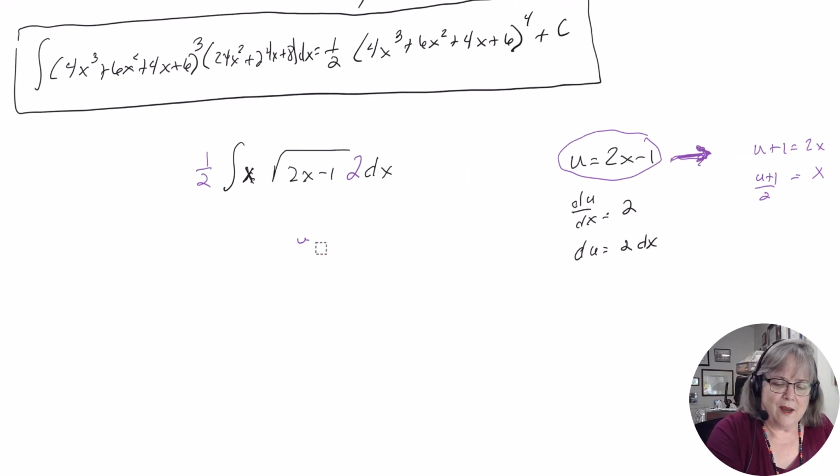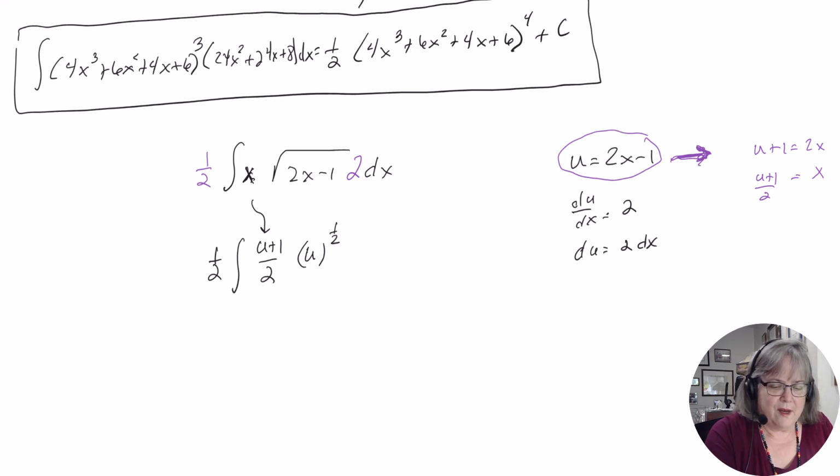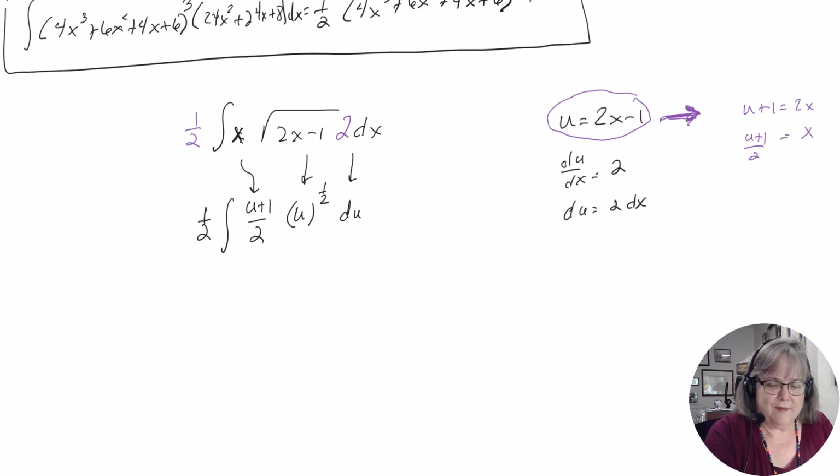So what you're going to have is 1/2 integral. And x, remember, is u plus 1 over 2. That's what this is. And this is u to the 1/2. And this is du. So that's this part, and that's this part. You with me? Okay.